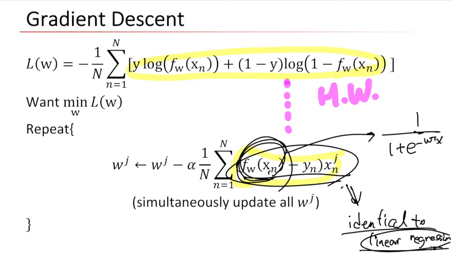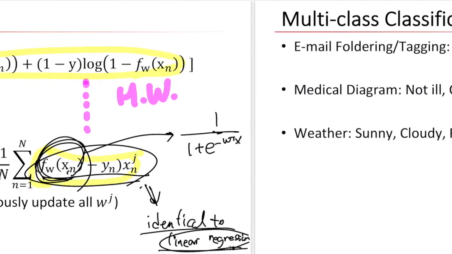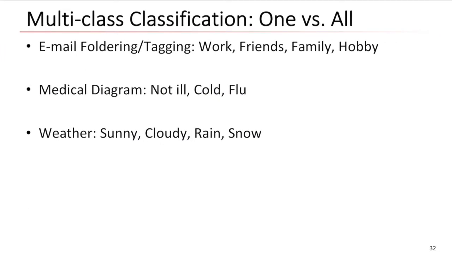So that's the difference, but each gradient term is identical to the linear regression problem. So this is the gradient descent for logistic regression.